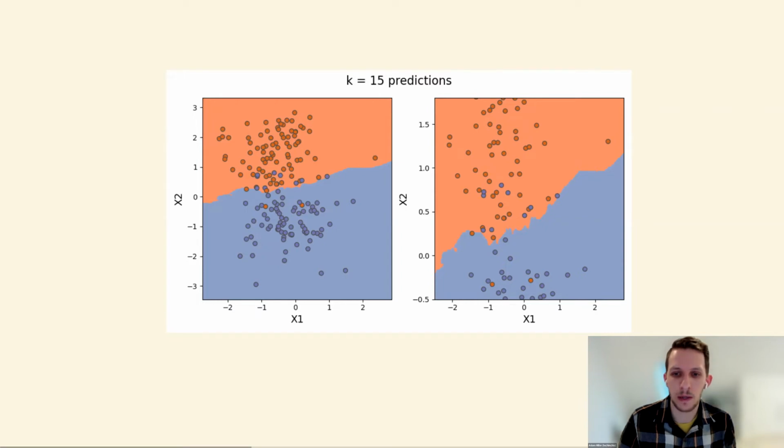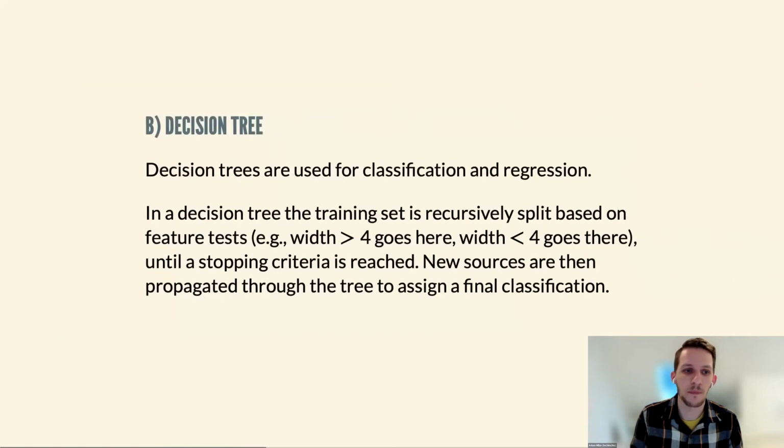So at any point in this 2-dimensional space, and here we have a zoom in on the boundary on the relevant area, wherever you are making a prediction, you just find the 15 nearest neighbors and you let them vote, essentially. And that is how you assign the classification. So much like k-means as a great starting place, k-nearest neighbors is a really good starting place for supervised learning methods.